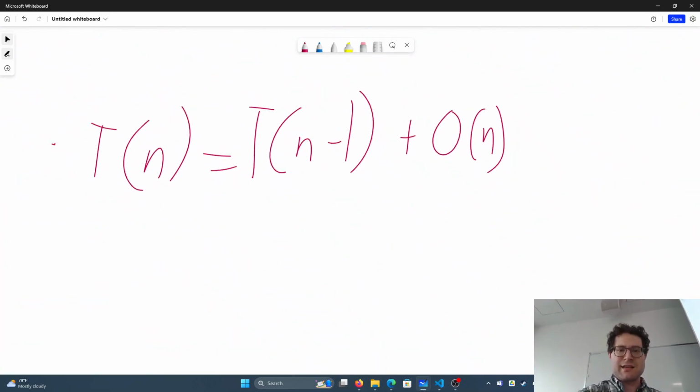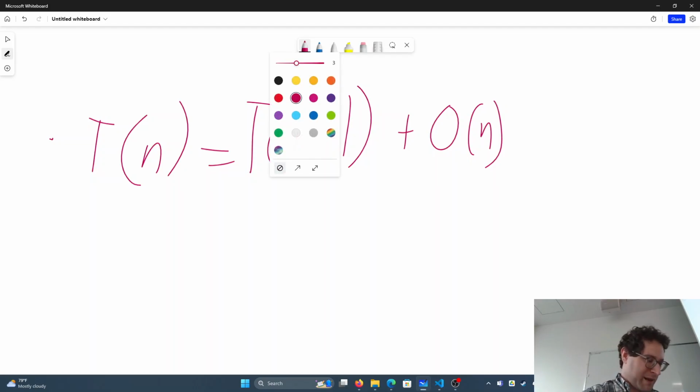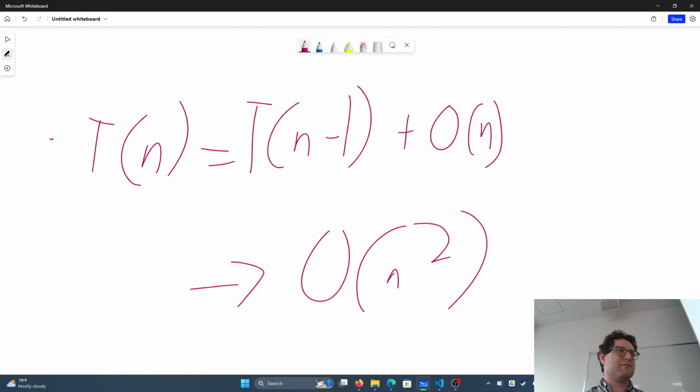However, with this kind of algorithm, it's not too hard to see that this will be n plus n minus 1 plus n minus 2 plus n minus 3 amount of time, which basically comes to be O of n squared. So primarily what we're looking at is divide and conquer algorithms.